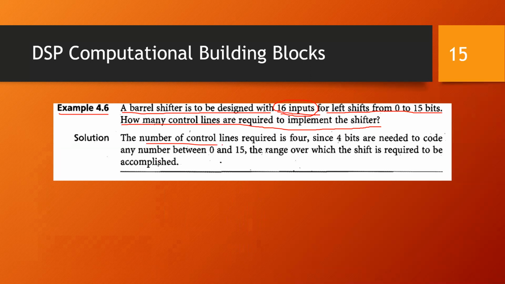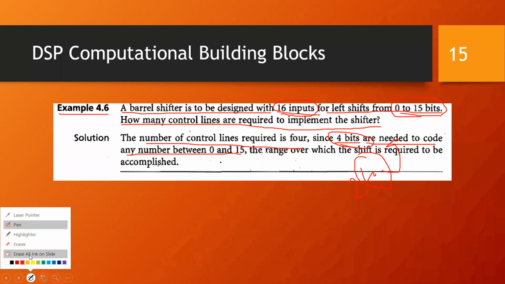Therefore, the number of control lines required is 4 bits in length. Each input is of total 16 bits. If each input is of total 16 bits, then in order to shift those bits, I require 4 bits, that is 2 raised to 4. So 4 bits are required to implement the shift from 0 to 15.